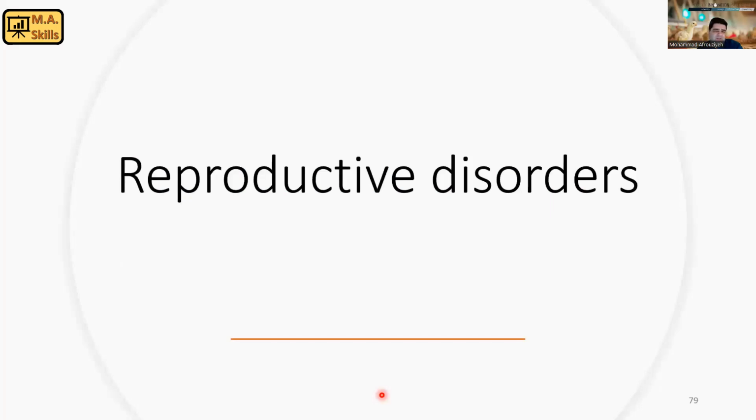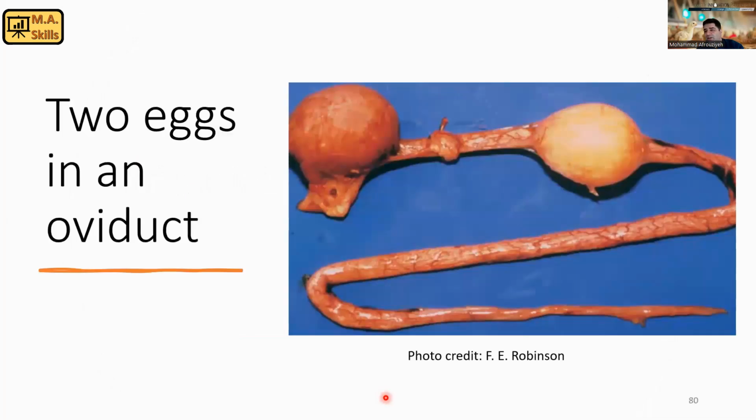So let's talk about reproductive disorders, and by that we are going to finish this part. Sometimes we have two eggs in an oviduct. You can see here we have two eggs. It means that one yolk is ovulated and traveled through the oviduct.